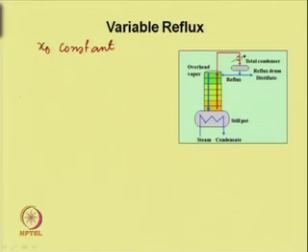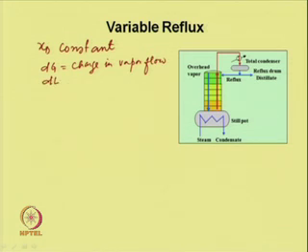However, the reflux ratio will change continuously. Now, say dG is the change in vapor flow, dL the change in liquid flow and dD the change in distillate withdrawal.